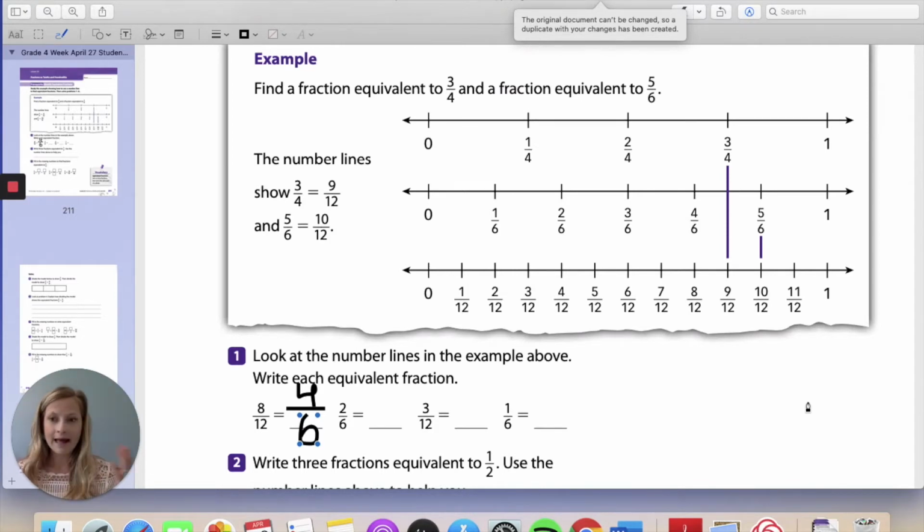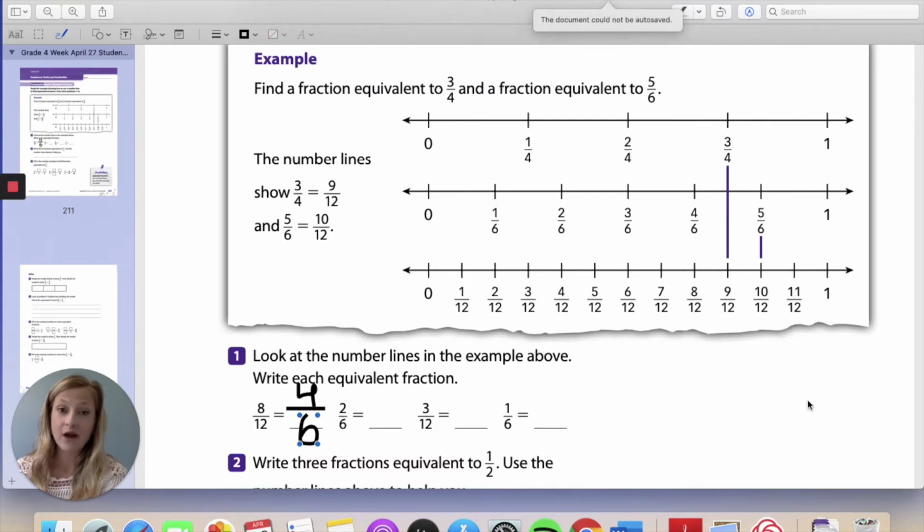Now, let's move on. That one you probably are like, Miss Shepherd, this was so easy, and that's great. Let's do one more together just to be sure. So the next fraction we're going to be finding equivalent fractions for is 2/6. Which number line am I going to go to? The 6th. So I'm going to go to my 6th number line, and then I see 0, 1/6, 2/6. Okay.